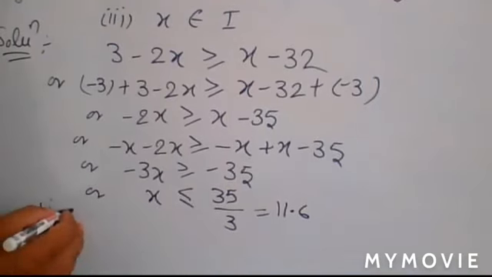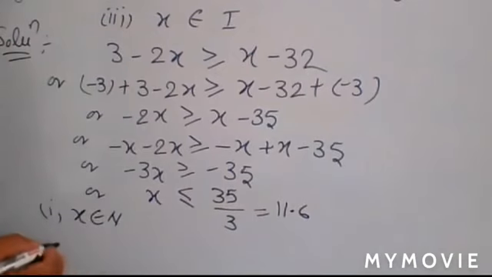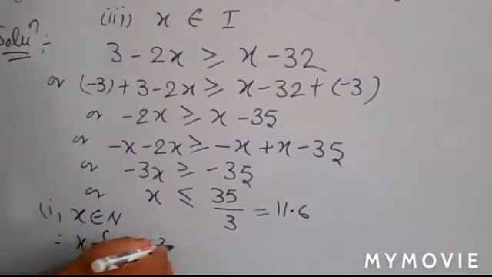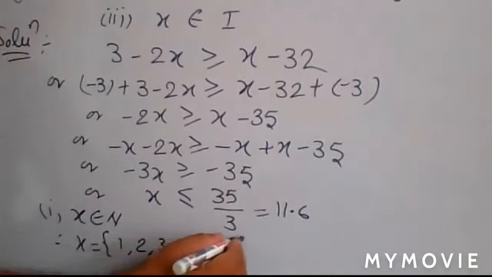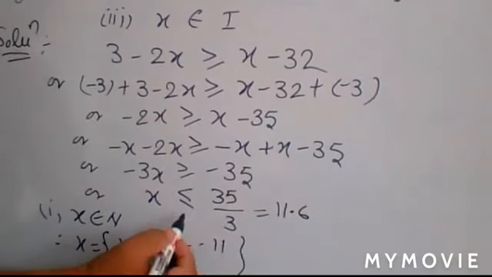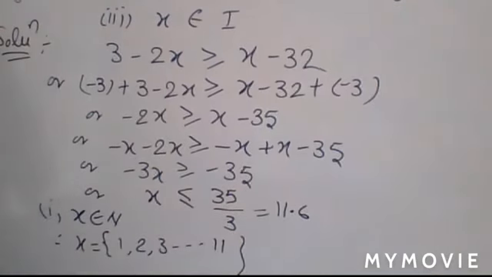Your first part is x belongs to natural numbers. So the value of x is 1, 2, 3 up to 11, because here you have equal to, and x is less or equal to 11.6, so you write it up to 11.